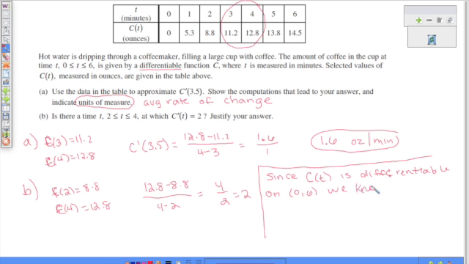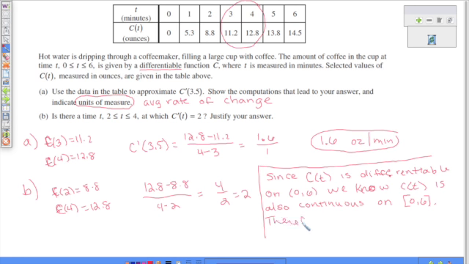We know C of t is also continuous on 0 to 6, and I'm using a closed interval here because that's what was given to me over here.